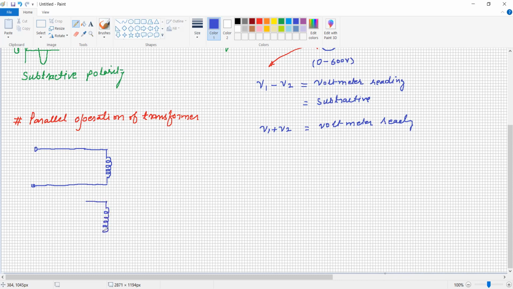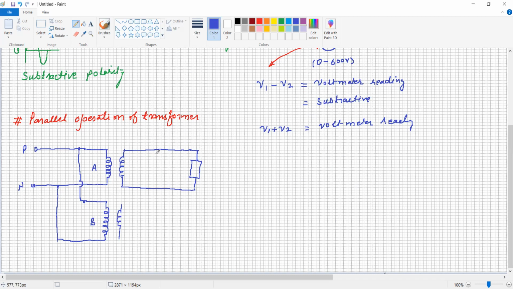So transformer A, transformer B, whose primary winding is connected to common supply, phase and neutral, while at the same time their secondary windings are connected to the common load. So this is the load on the transformer.